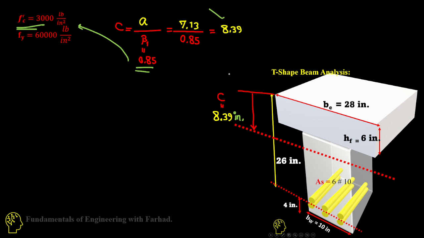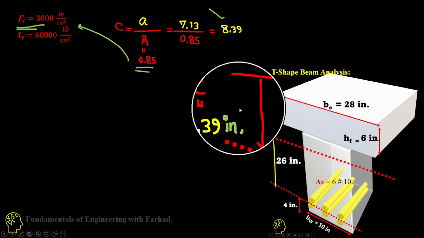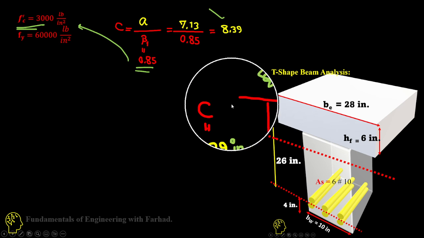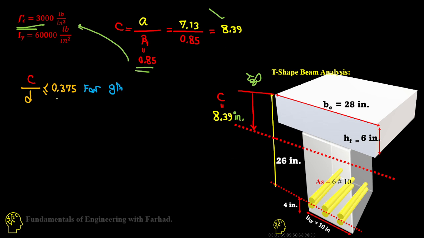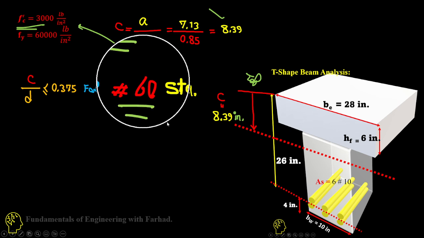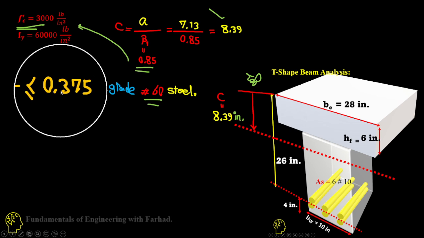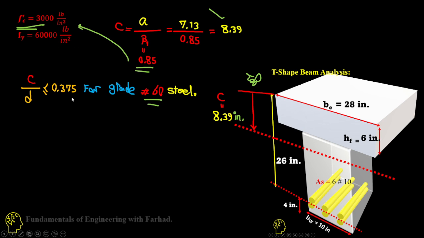If you calculate our c, the distance from the top of the section to the neutral axis, that's 8.39. c over d for grade 60 steel should be less than 0.375.